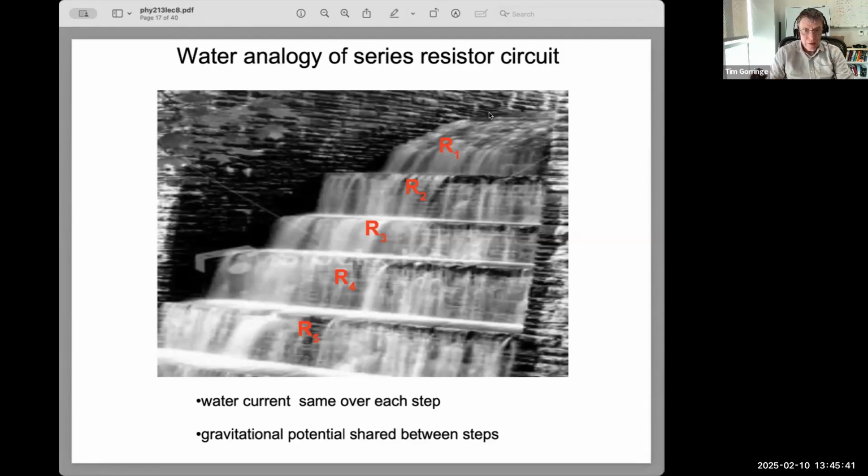Here, the difference in height is shared between the individual steps of the waterfall. So there's a direct analogy between the distribution of electrical potential and electrical current for series resistors, and the distribution of the elevation of the height and the water current through these series steps in a waterfall.